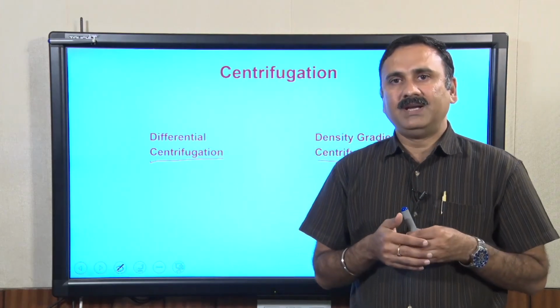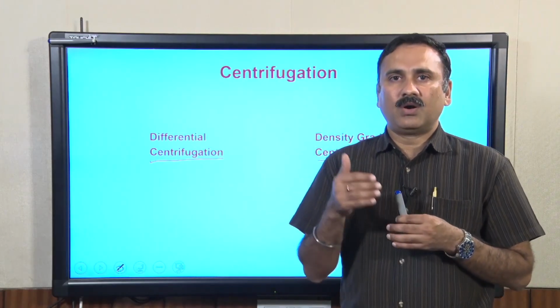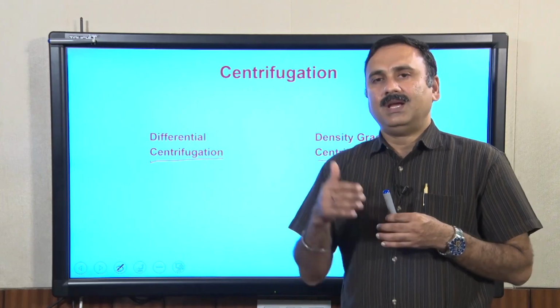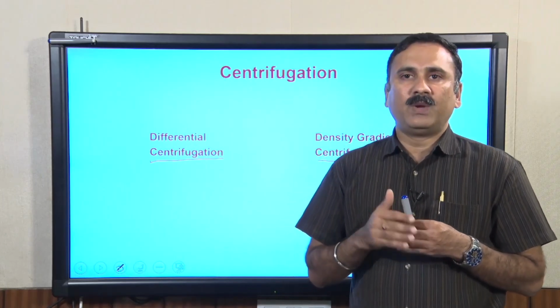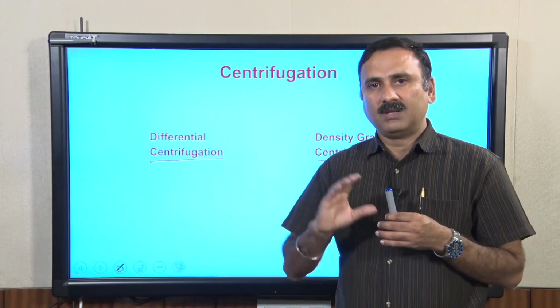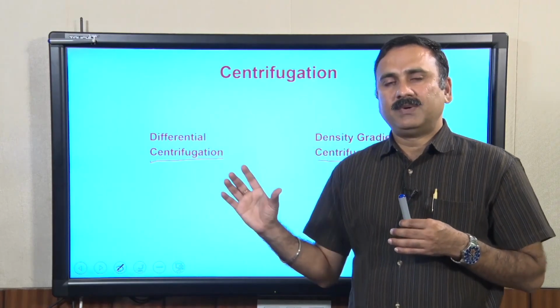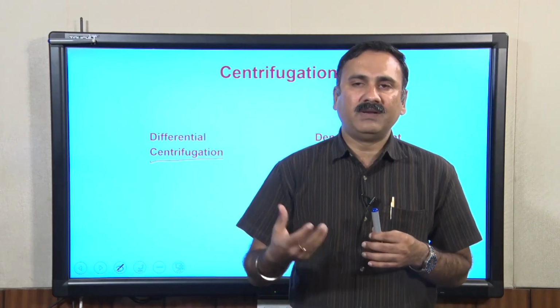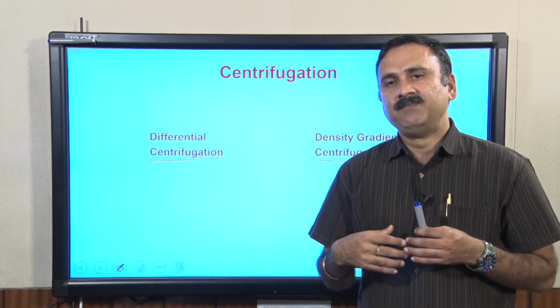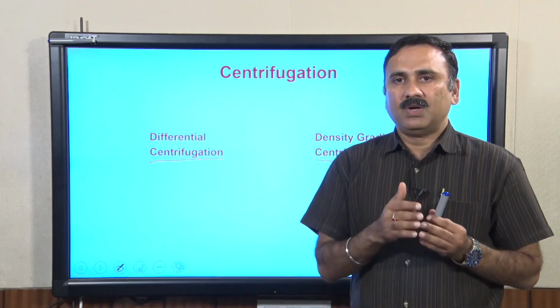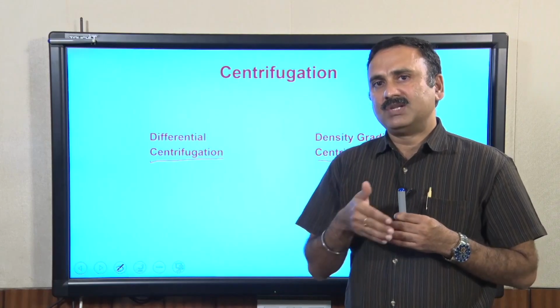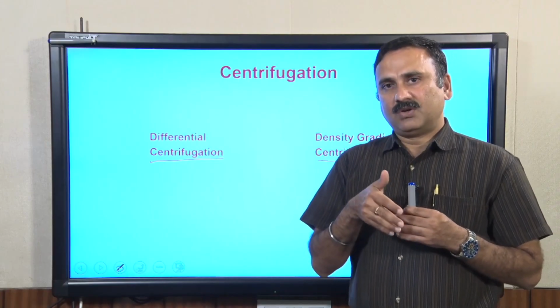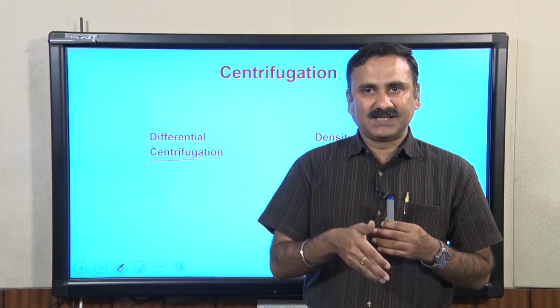You will find that particular organelle or substance in the pellet fraction, whereas the supernatant will contain all other molecules. Once you take the supernatant, you can spin at a slightly higher speed, and that is how you can separate molecules based on their sedimentation coefficient or sedimentation rates.